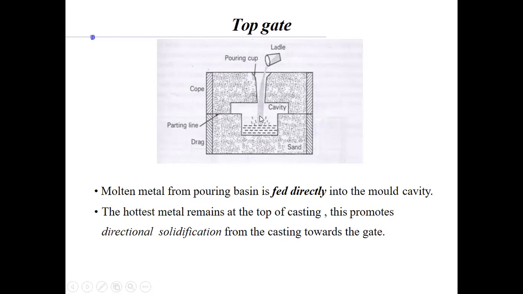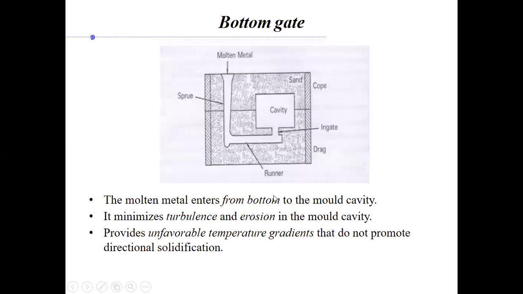The fresh molten metal is there at the top, whereas the old one is down at the bottom. So the bottom part will solidify first, from the casting towards the gate, the direction of solidification.